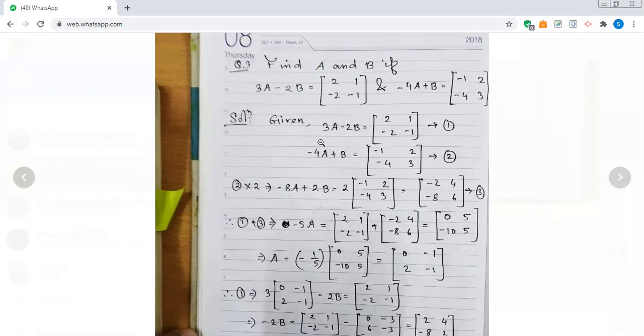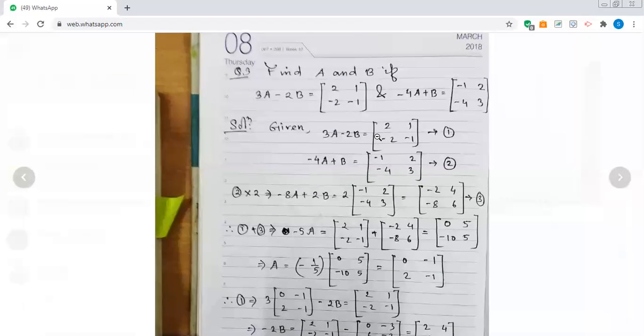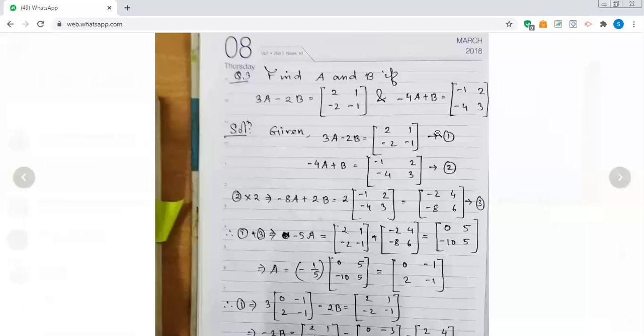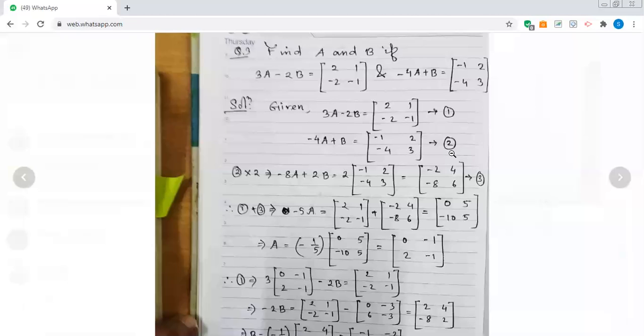You have to find the values of A and B, but the given conditions are what? 3A minus twice B is given, that is a 2 by 2 matrix, and minus 4A plus B is given, that is also a what? 2 by 2 order matrix. So from these two equations, see, first we have to mark the first equation as 1, and minus 4A plus B equal to minus 1, 2, minus 4, 3 is marked as equation number 2.